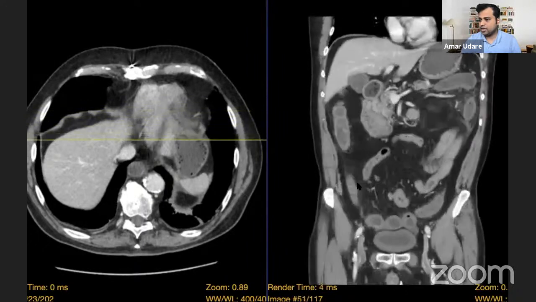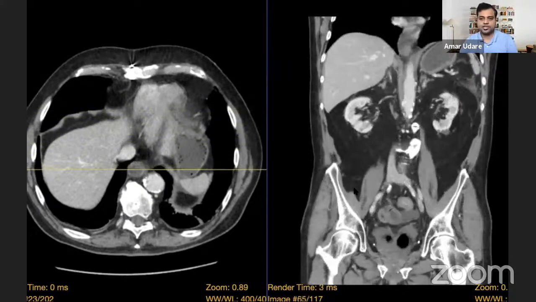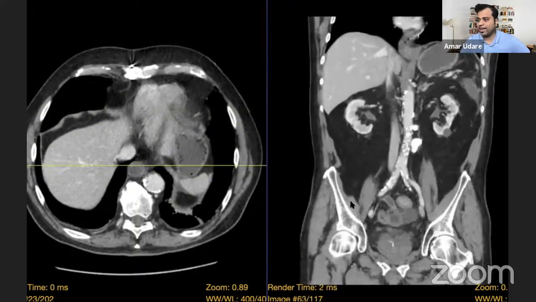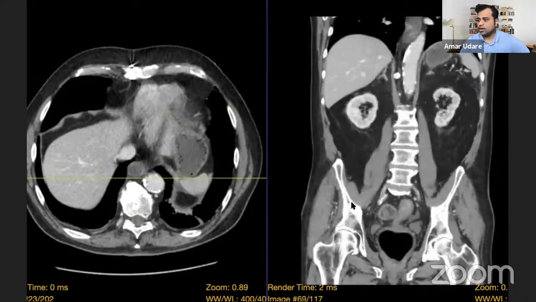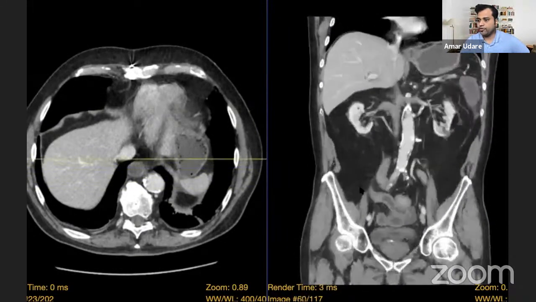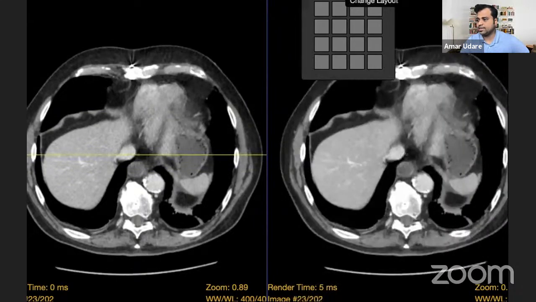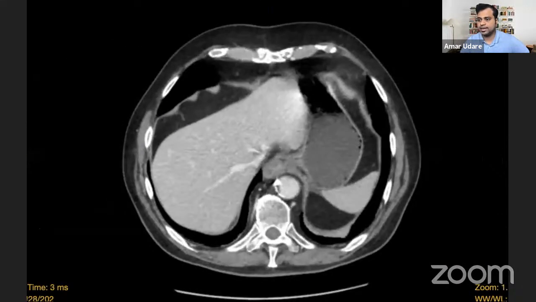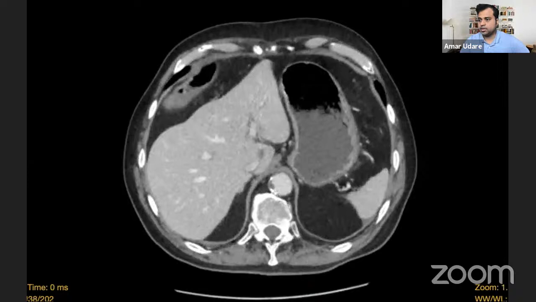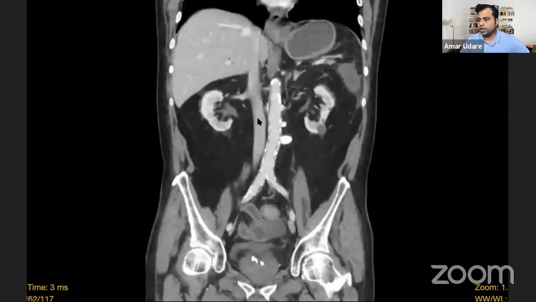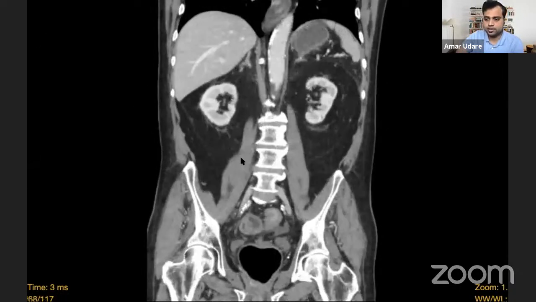These cases, I completely understand, may be difficult to diagnose while I'm scrolling through them, so it's okay if you don't get these. In exams, obviously, you'll have a complete set or a classic single image. Yeah, this is the coronal in full screen.